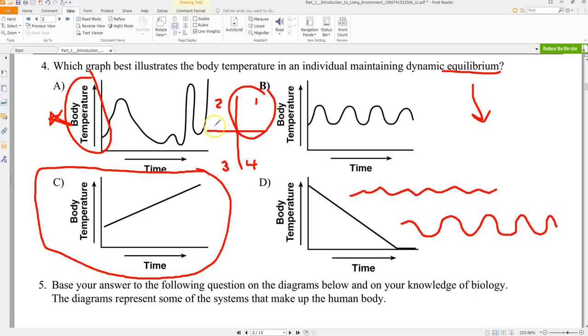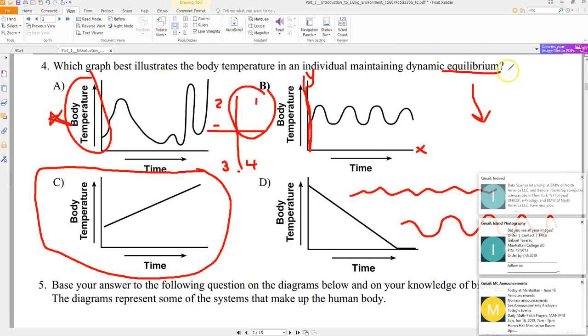We don't usually do the negative numbers over here. So when you see these lines, this is a y-axis, this is an x-axis. This question is about equilibrium.